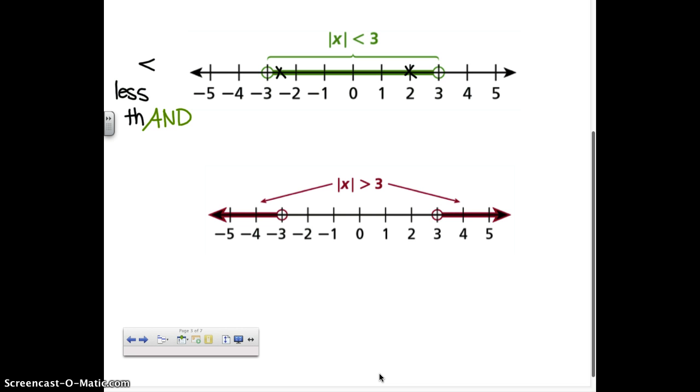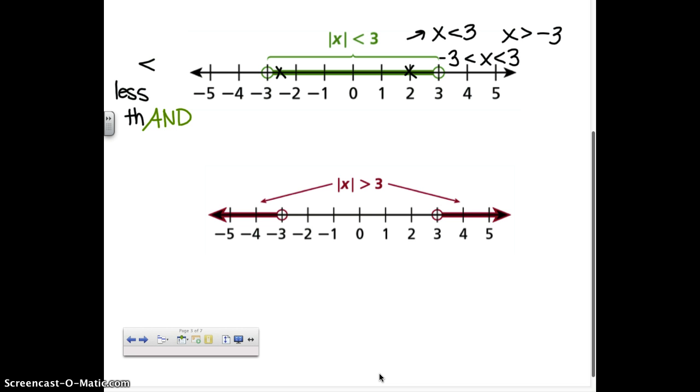We can split this up. x has to be less than 3, right? 2, 2.5, 1, 1.5. All those numbers are less than 3 away. Then, the other way to think about it is all the numbers that would be bigger than negative 3. Greater than negative 3.